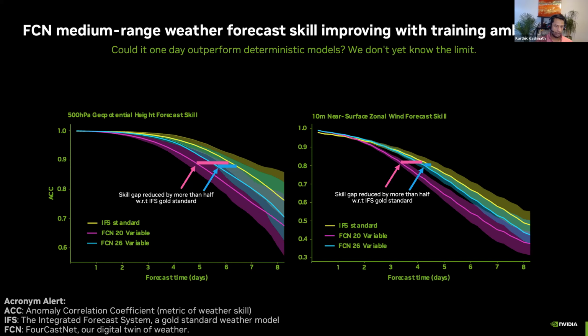After we included a few more variables at a few different levels, we saw that the performance improved by almost 50% on geopotential height and more than 80% on surface wind speeds, and we're continuing to increase the training set. And we expect that perhaps one day we're going to beat or at least match IFS on medium range skill.